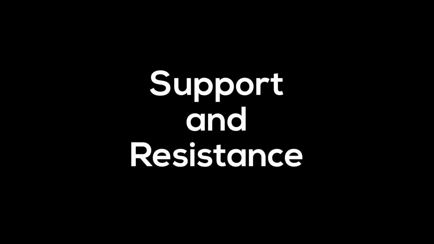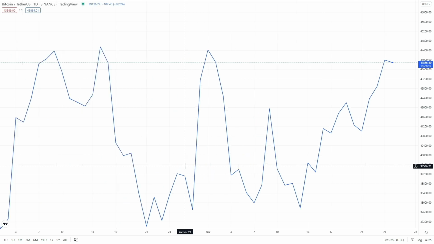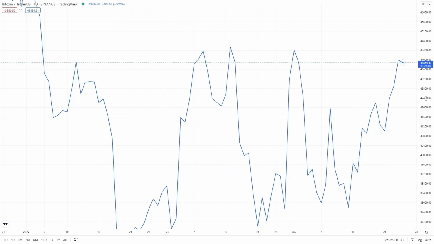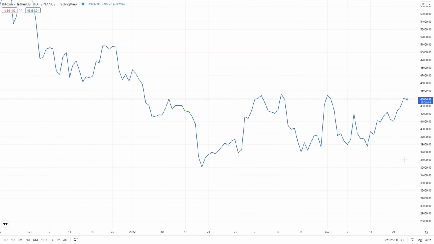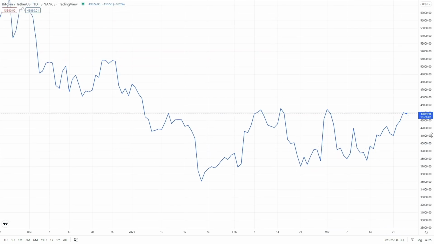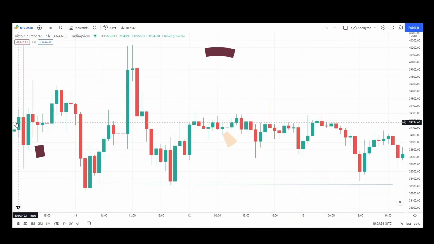Support and resistance. So the market's price, or the cryptocurrency's price, is the result of a battle between the buyers and the sellers, or the bull and the bear. So we learned that the buyers push prices higher and the sellers push prices lower, and the direction prices actually move reveals who is winning the battle.